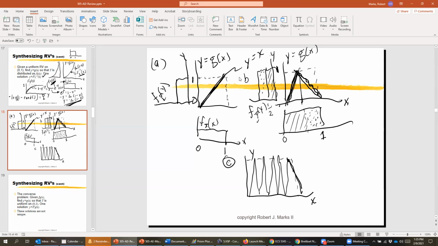This would be, for example, C. And so therefore, y equal to g of x is not unique. It's not unique for a given target. We can sometimes restrict g of x to be strictly increasing. If we do that, maybe that restricts the result into giving just one possible g of x.